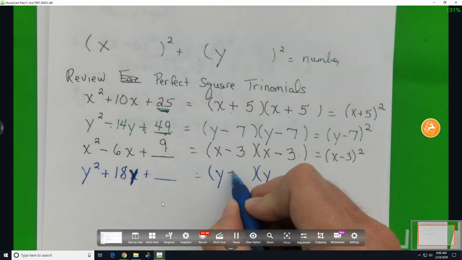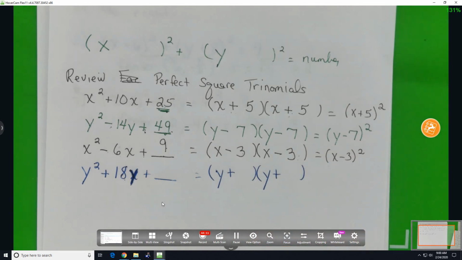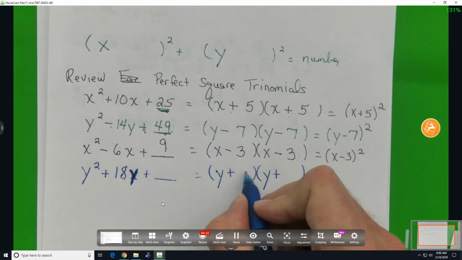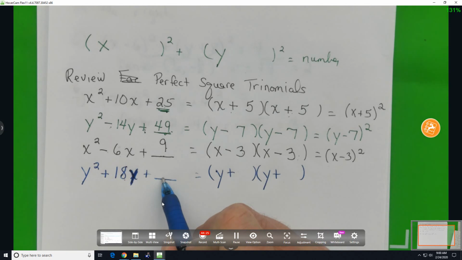Second sign is plus, so 2 of the first. It has to be a number that we can double to get an 18. What number would need to go here and here? Okay, it's got to be a perfect square right here. 4, 9, 16, 25, 36. What's after 36? A 49.